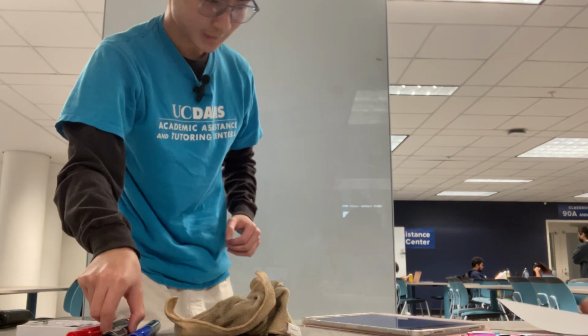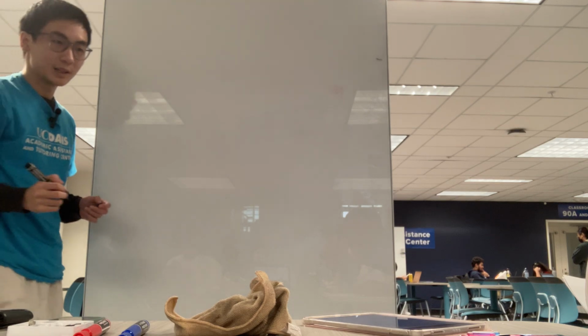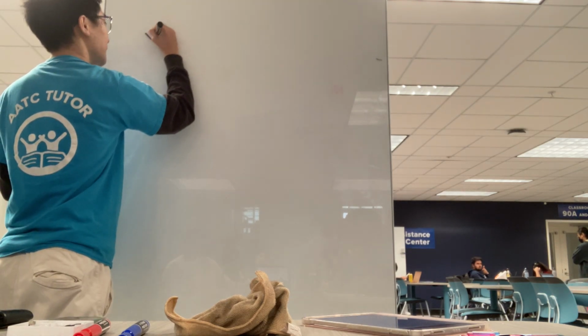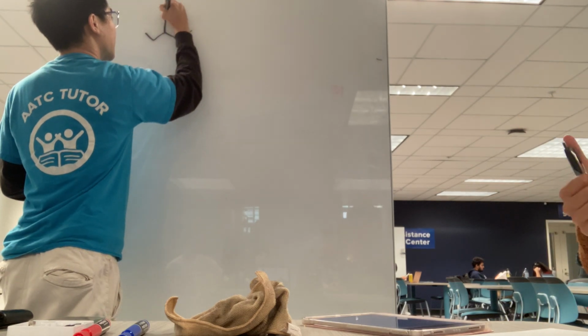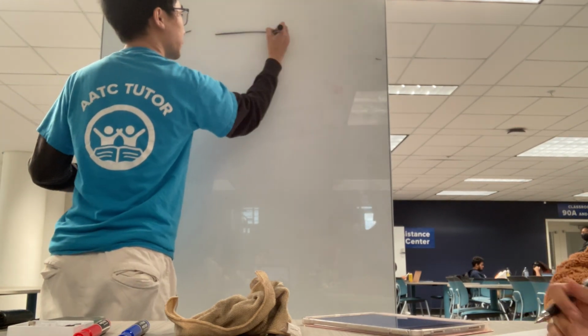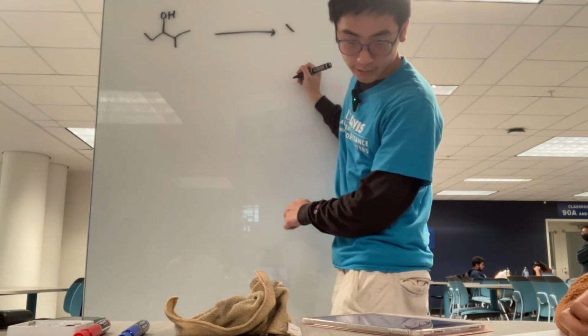Okay, so for synthesis type of problems, they're going to give you a reactant molecule. So let's say we have this alcohol here, and we are converting this molecule into this product molecule here.